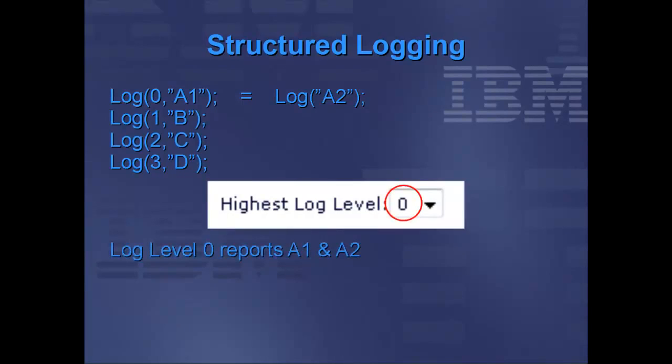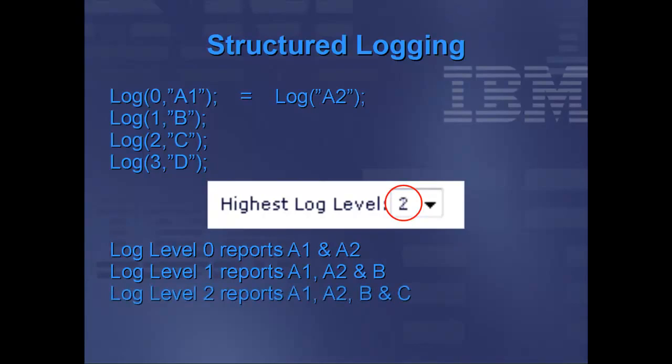PolicyLogger log level 0 would log both A1 and A2. Log level 1 would log A1, A2, and B. And level 2 would log A1, A2, B, and C. And level 3 would log A1, A2, B, C, and D.